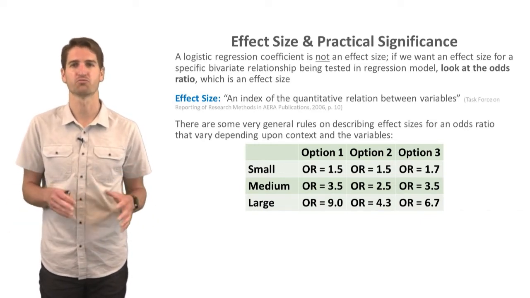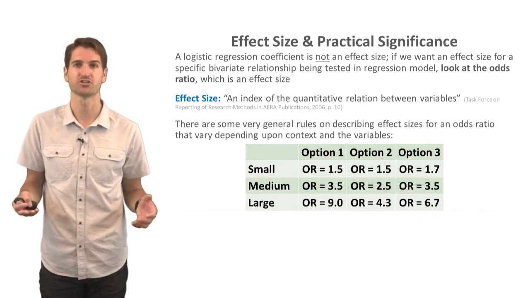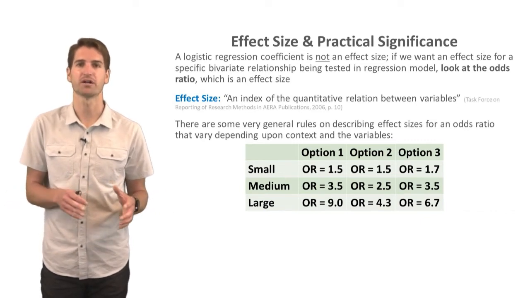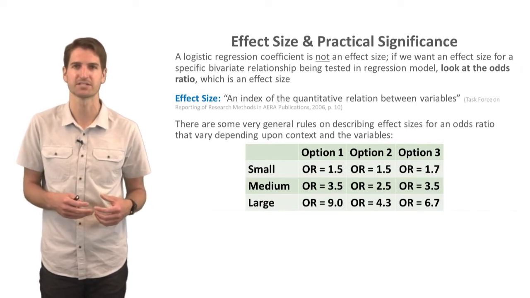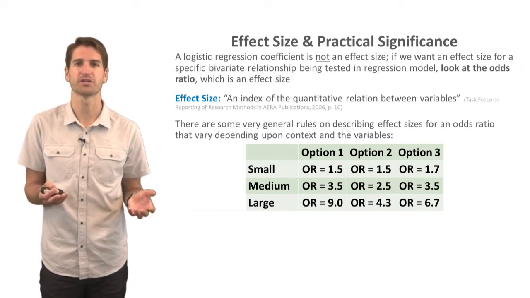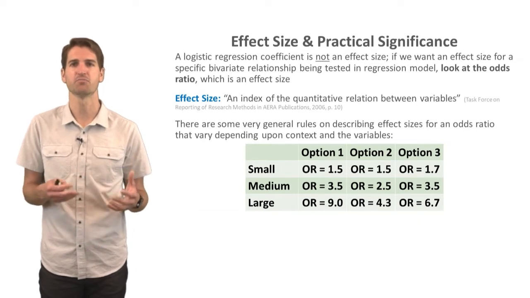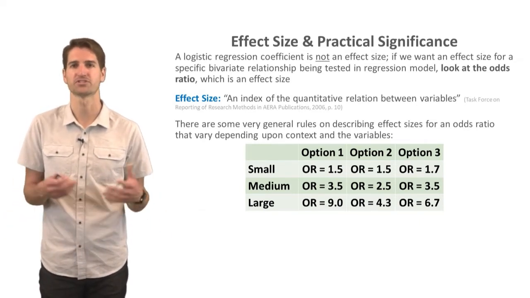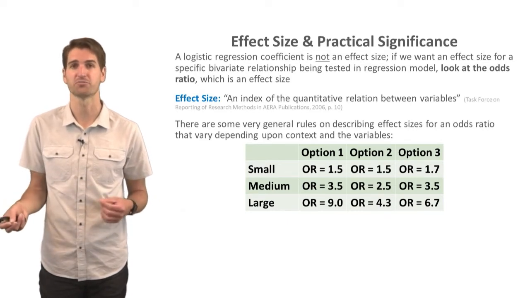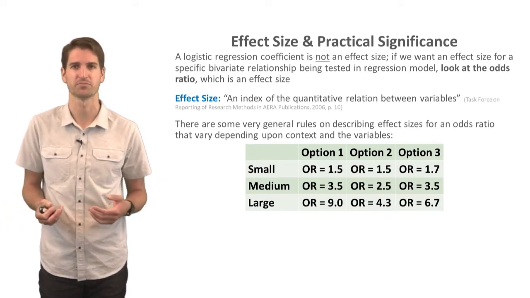There are many different rules of thumb when it comes to odds ratios, and this really depends in part on the context as well as the variables and the type of model that you're testing. For instance, option 1 is going to be most appropriate for a 2x2 contingency table, for example when you have a dichotomous outcome variable and also a dichotomous predictor variable.